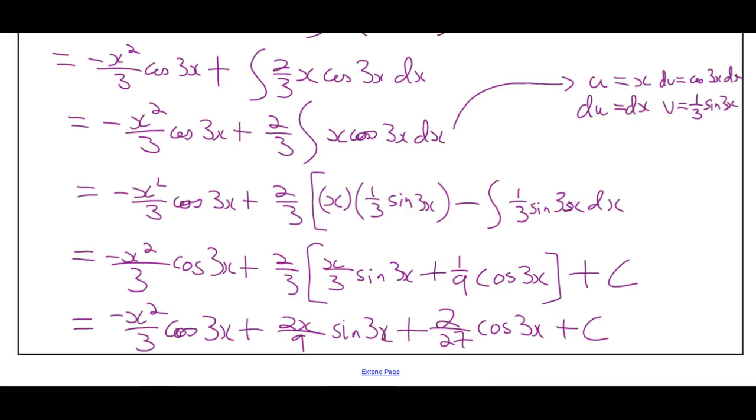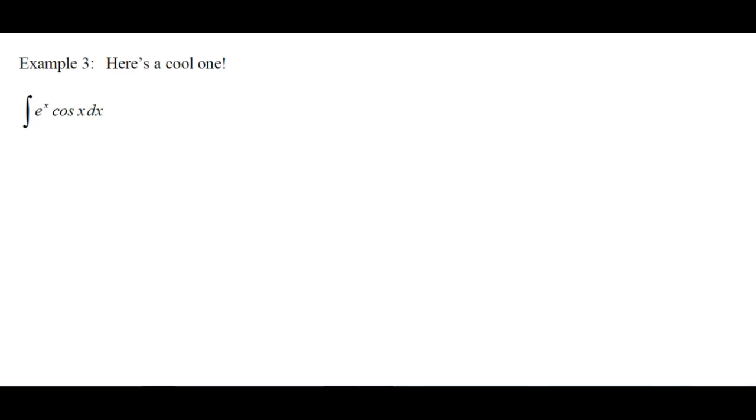Okay, before we do the cool one, leave that up for a second. Here's the cool one: e to the x cos x dx. So in this case, what's u? Well, we've got a choice here. It's easy to find the derivative either way.